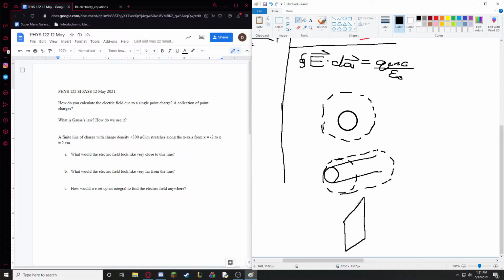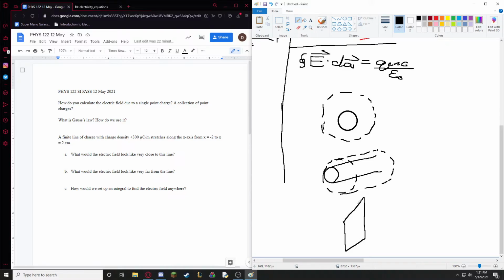We can't just have another plane, because then our Gaussian surface would be infinite, right? So what is our Gaussian surface going to look like for a plane? Wouldn't it be like a rectangular prism?